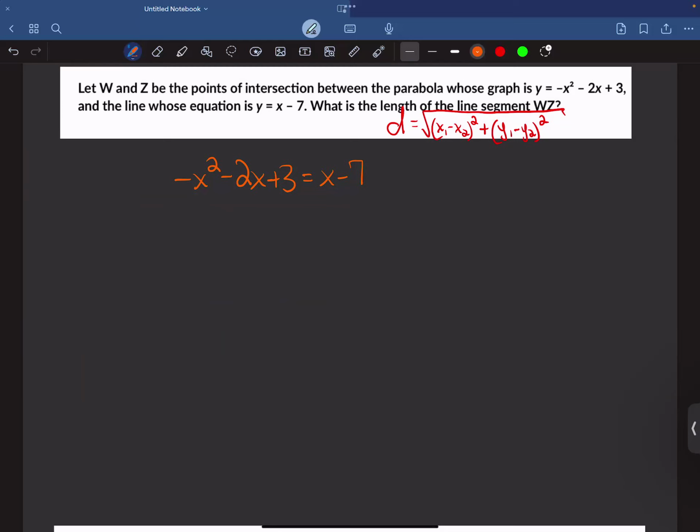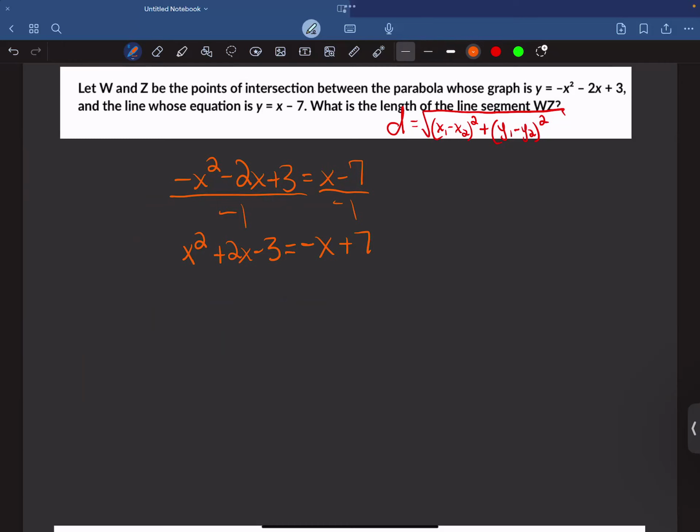So I'm going to go ahead and divide everything by negative 1, and what I do to one side, I have to do to the other. That's going to give me x squared plus 2x minus 3 equals negative x plus 7. Now I don't have a negative leading coefficient on the left-hand side.